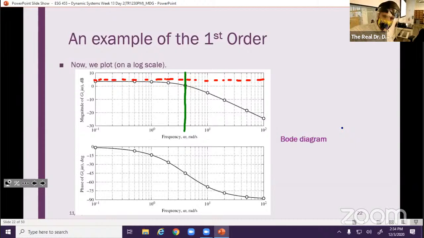So start up here, 1, 2, 3, 4, 5, 6, 7, 8, 9, 10. I should be down about 20. So what's that? That's 3. Yeah, like right there. And so it's more like this line here. There are my asymptotes for magnitude.